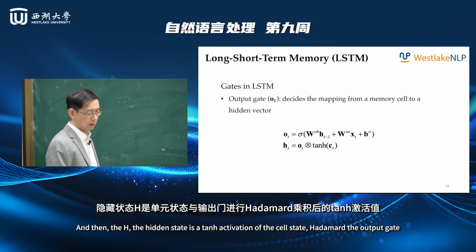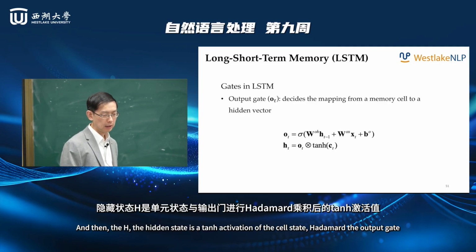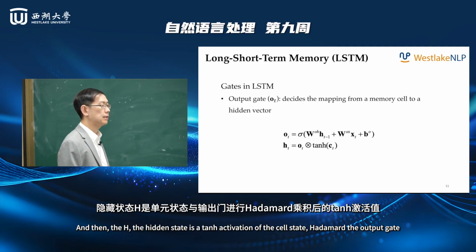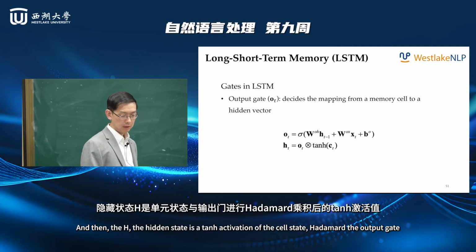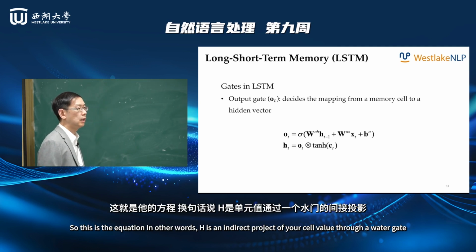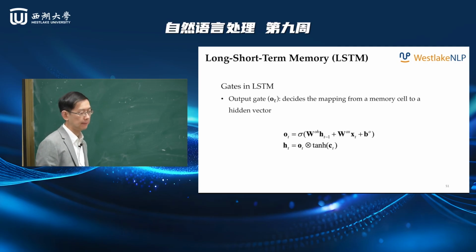And then H, the hidden state, is a tanh activation of the cell state, Hadamard product with the output gate. All right, so this is the equation. In other words, H is an indirect projection of your cell value through an output gate.